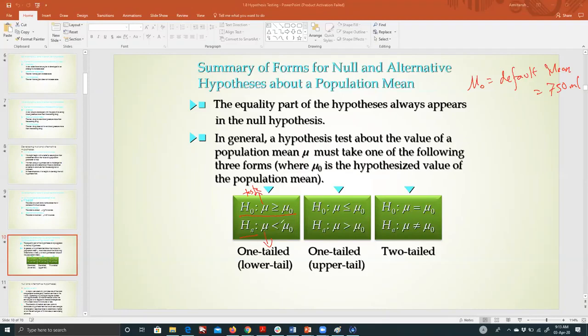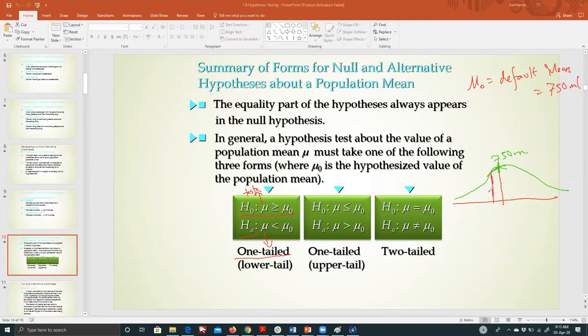So when you are claiming lesser than, this is also a one-tail example, but it is a lower tail problem. Why? Because let's assume the filling is a Gaussian process, where 750 ml is the mean.